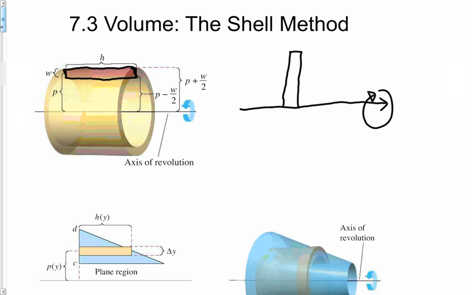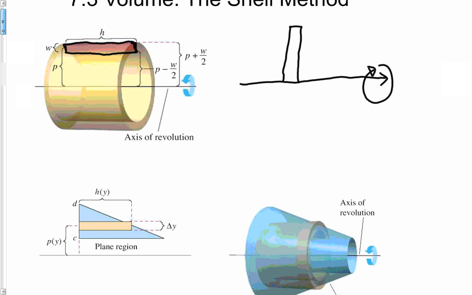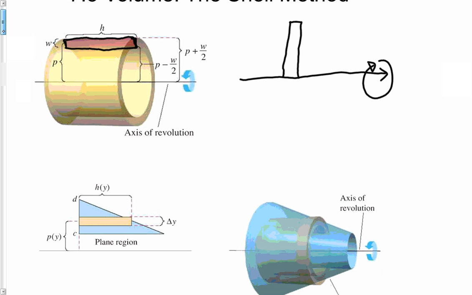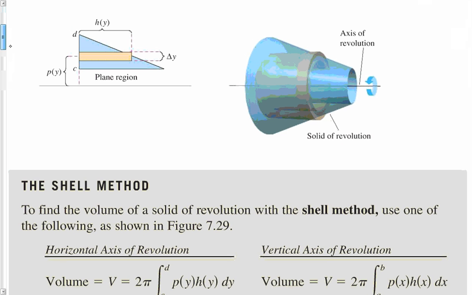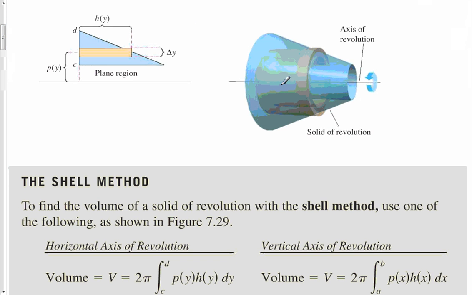And we're going to take the volume of a lot of these very small tubes and add them up to get the volume of a solid of revolution. So the main point of this is how to choose our representative rectangle. Remember, that's the most important thing with the disk method, the washer method, and the shell method.